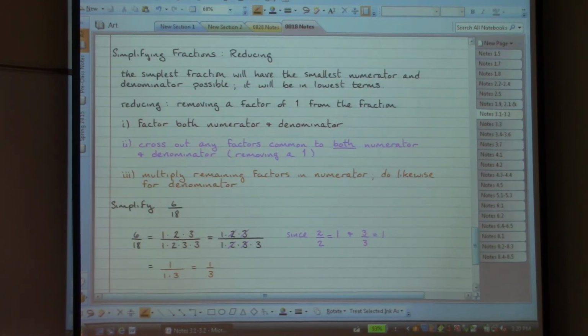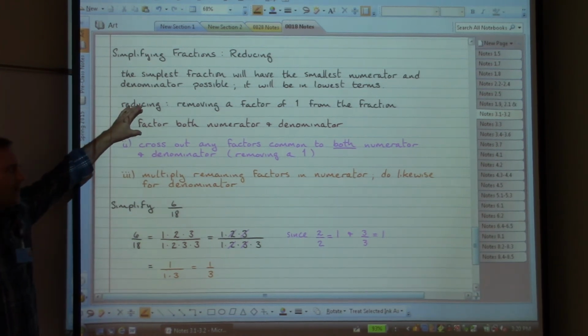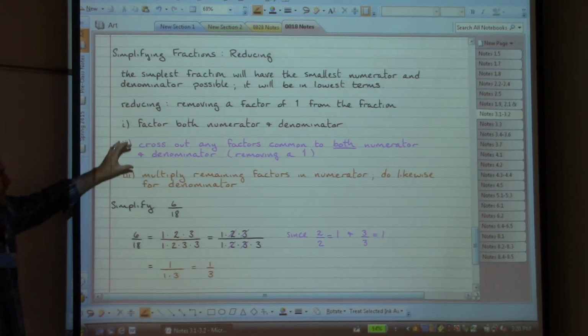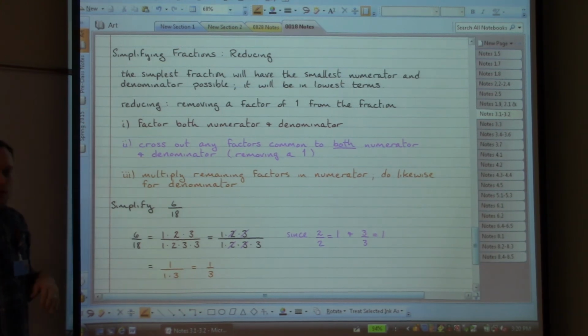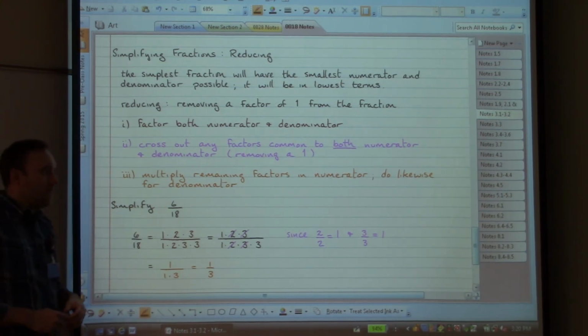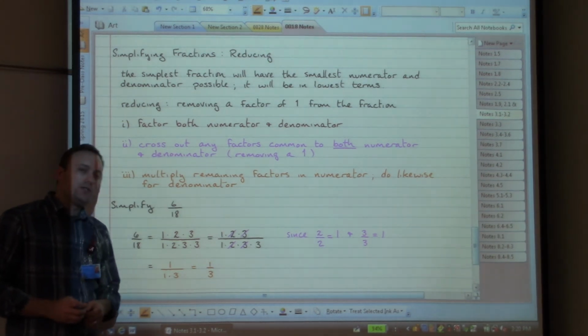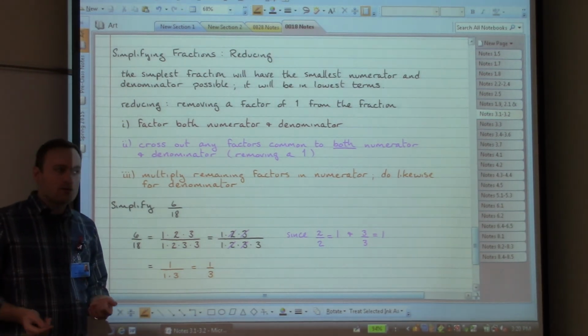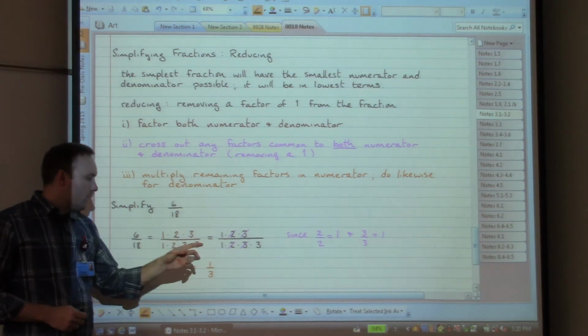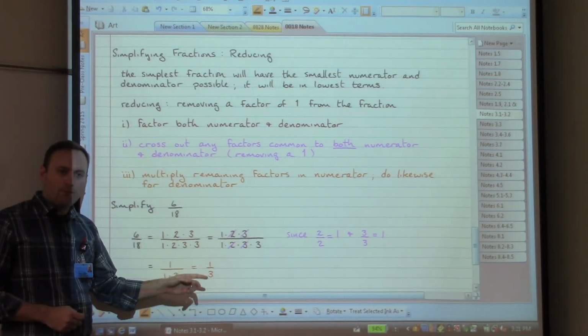And the basic way to perform the reducing would be to completely factor both the numerator and denominator, both the top and bottom of our fraction. Then look for any factors that show up in both the top and bottom. By removing those, we're not changing the actual fraction, we're just changing the way that it looks to make it look nicer, to make it look more friendly, so that we would have smaller numbers on the top and bottom.